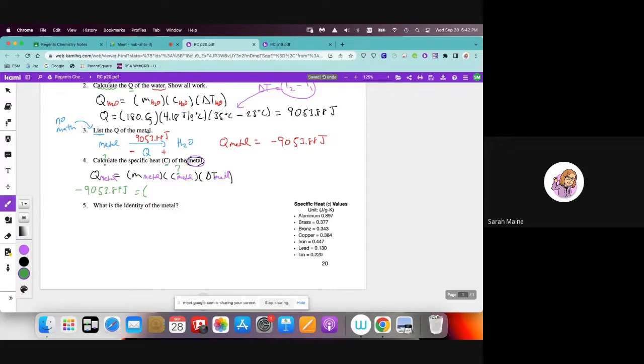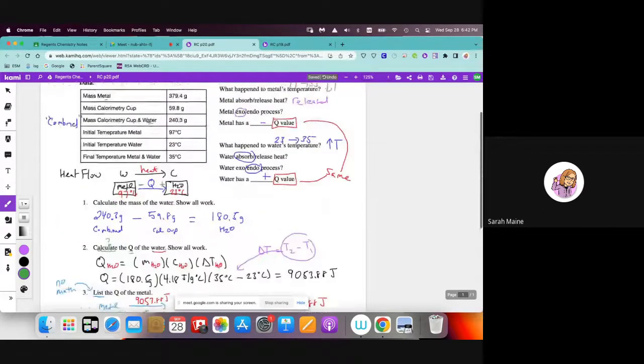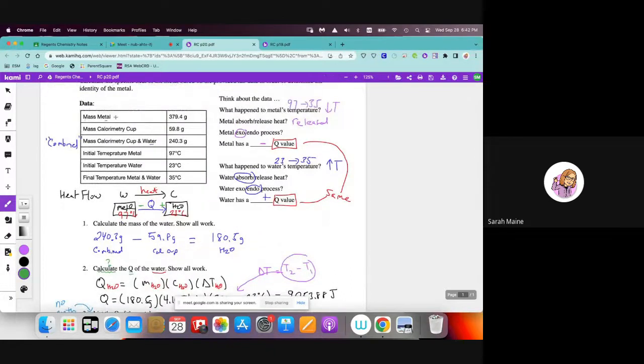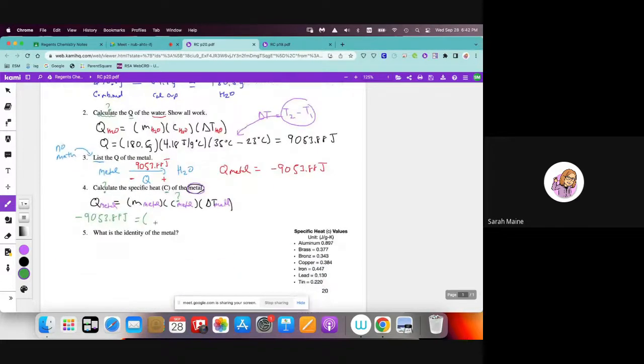It's not this; this is the mass of the water. We've got to go back up to the data table. Look here in the data table: mass of the metal is 379.4. So that's the mass I put in, 379.4 grams. The specific heat is my unknown, so I'll just put it in as C.